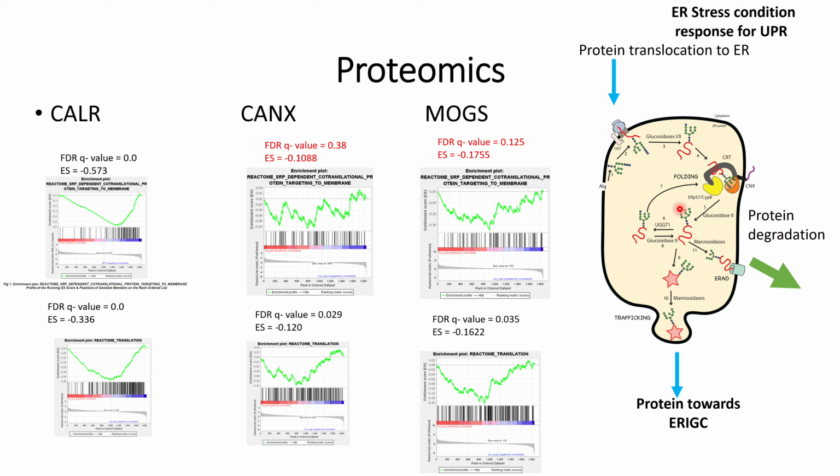If there is an increase in unfolded protein response, then the proteins responsible for degradation will increase, and the proteins that move towards ERGIC will decrease because there is a decrease in the translation rate of such proteins, and the proteins that translocate towards the endoplasmic reticulum will also be reduced because of the ER stress condition, as at this point of time it needs to utilize energy to come back to its normal state.